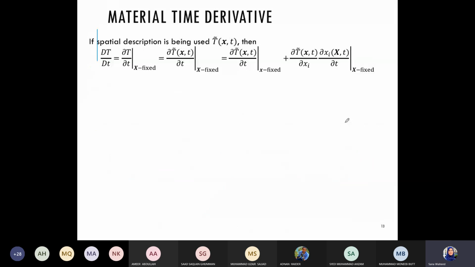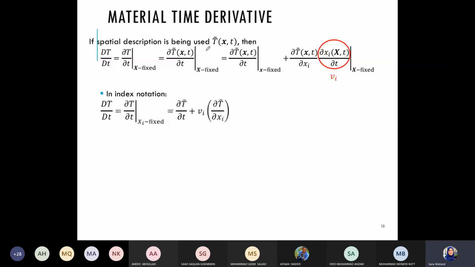Right, so this is just the result from my last slide. Just pointing out again that that's the velocity. And what I'm going to do is write it in a little more compact form. So I already know that this is my velocity.